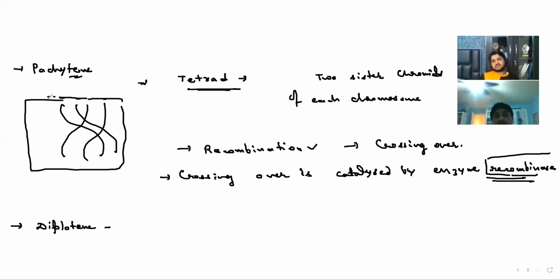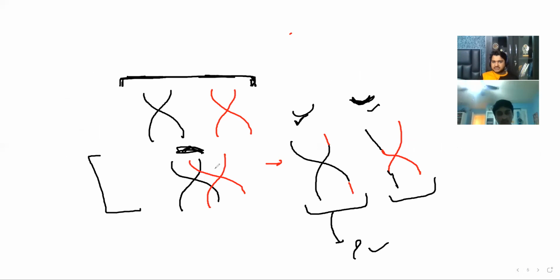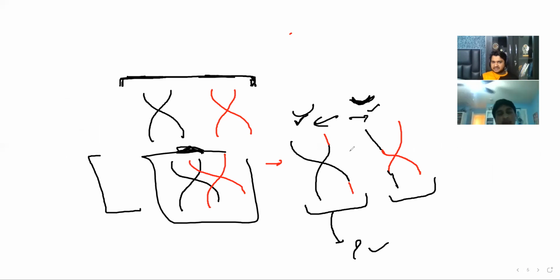Once they have exchanged their material, they will come back apart, or they will remain like this. I think they have to come back at some point, right? When they come closer, after being close they just separate, no? They have to come back at some point.